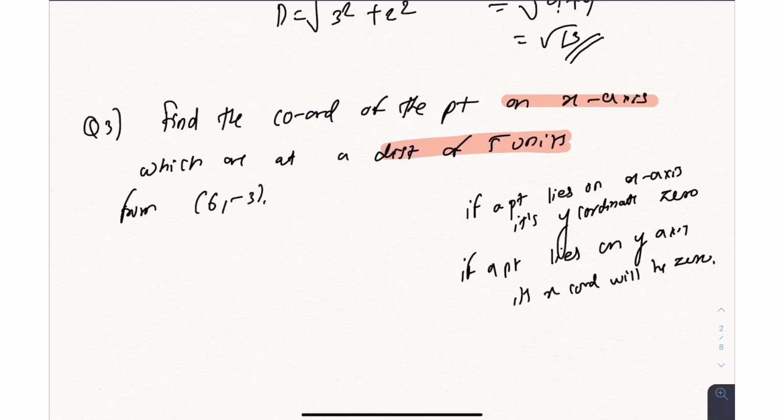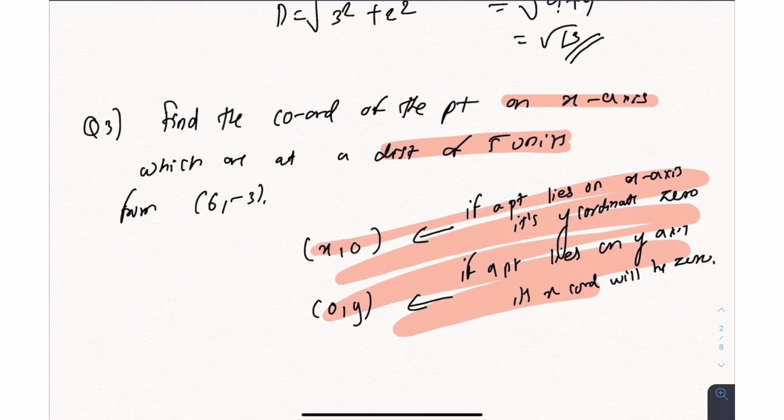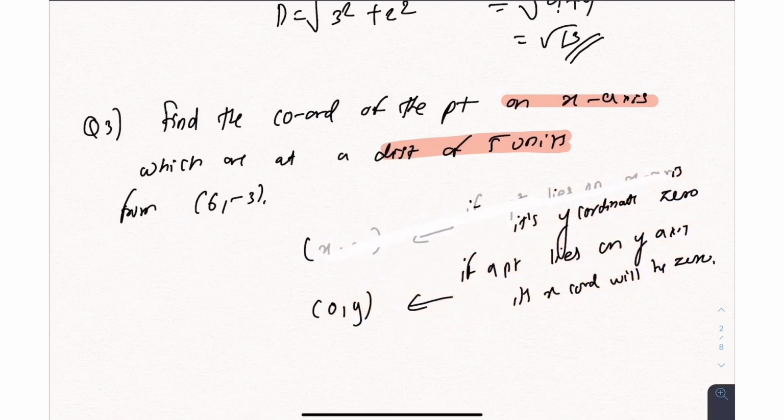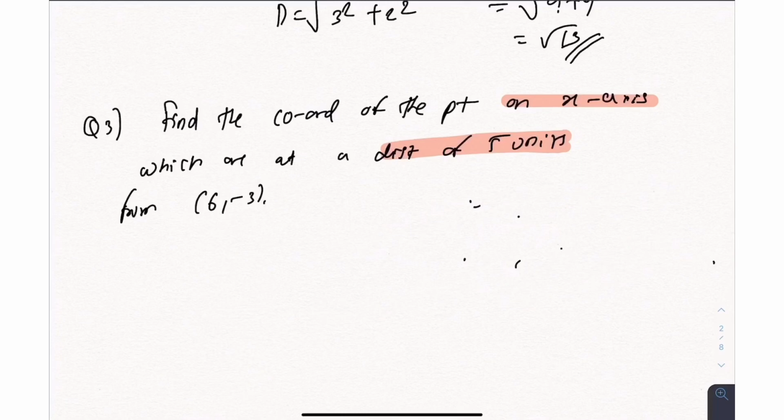So whenever they ask you or data is given that a point lies on x-axis, it means its coordinate will be x comma 0, and if a point lies on y-axis, its coordinate will be 0 comma y. Pause the video and please note this down. This is important. Make a note of it. I hope this must be clear to you guys. You must have copied it by now.